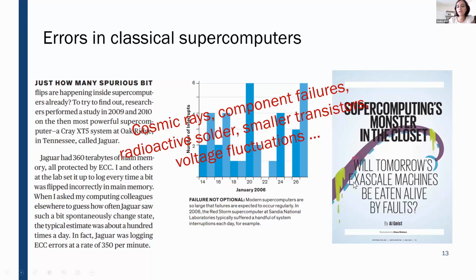But at this scale, they find that the time to an error is shorter than the time taken to write down all the data. So it's probable that an error will happen while you're writing down your data. So you cannot really use checkpoints anymore either.